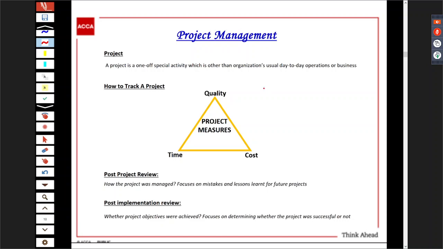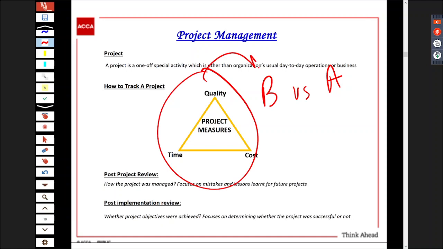So I just said there's a budget versus actual for this project, right? So this project has a budget that we will spend $200,000 to develop a fully functional e-commerce website.